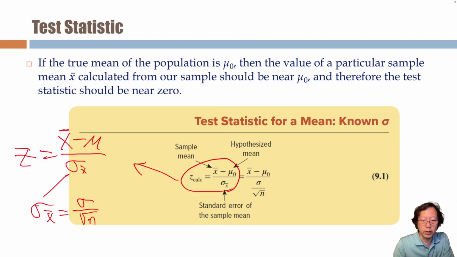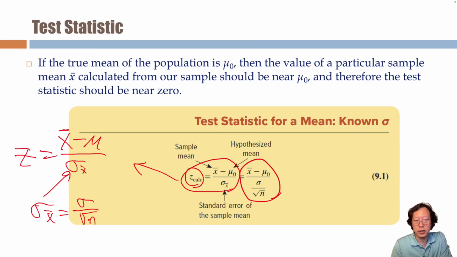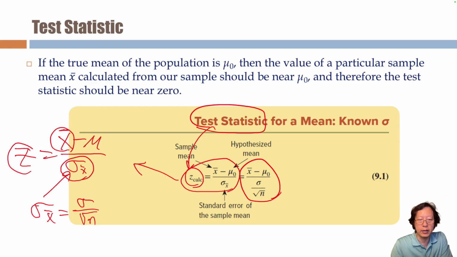So you just replace this number, and that's the z-value calculation. This is our test statistic. I get an x bar, and I know the x bar standard deviation, so you can calculate the z-value of my x bar. That's my statistic.